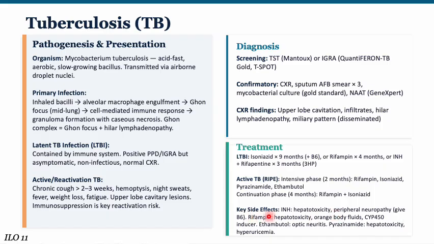Now, some of the key side effects, and this is something I always tell patients. Before I prescribe anything to my patients, I always look up the side effect profile. I find that if I tell them these are the common side effects, it doesn't mean you're necessarily going to have them, but these are the side effects that were reported.